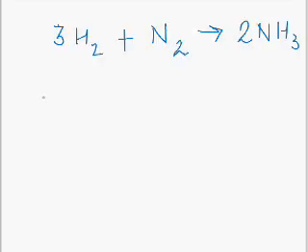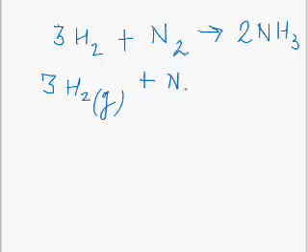Now to make this equation more informative, we will write the state symbols of reactants and products. Thrice H2, hydrogen is in gaseous phase, plus N2, it is also in gaseous phase.